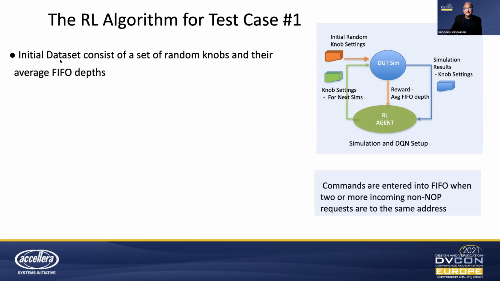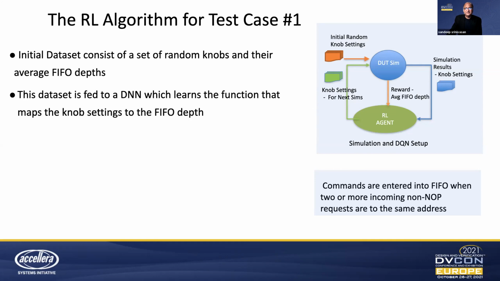So the initial data set consisted of a set of random knobs and their average FIFO depths. And like I mentioned, this data set is fed into a DNN or an RL agent that learns a function that maps the knob settings to the FIFO depth. So in effect, it learns from the reward function, which is the average FIFO depth, to produce the next set of knobs.